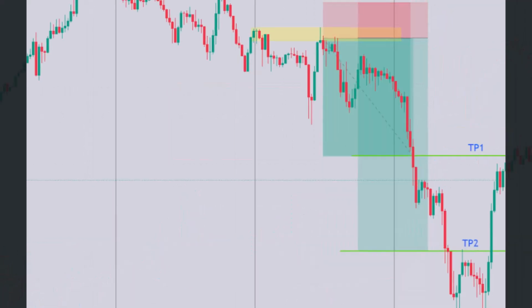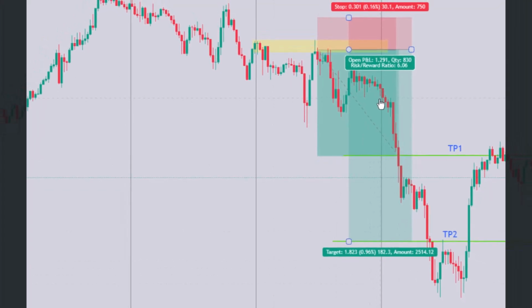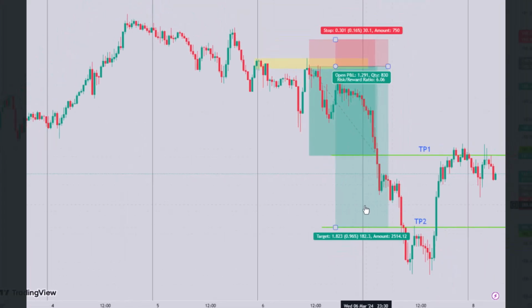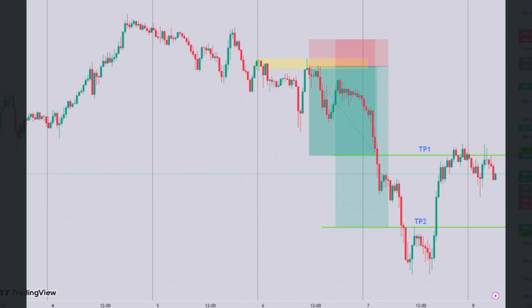So now let's dissect this trade which I took, and that gave me 182 pips. Basically, this was what the market was giving me. The market started creating new lows. Then I straight away realized that the market is now in a bearish flow.